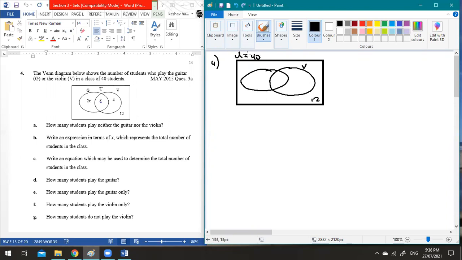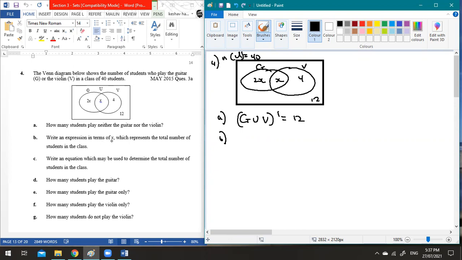The universal set here is 40. And again, correct notation is n of, right? So we have G, we have 2x, x, and 4. So the students who play neither, or the students who are outside, G union V complement, is 12 as the students on the outside.